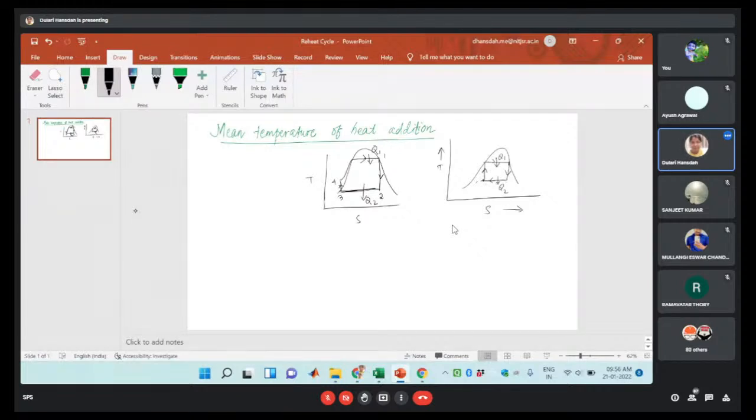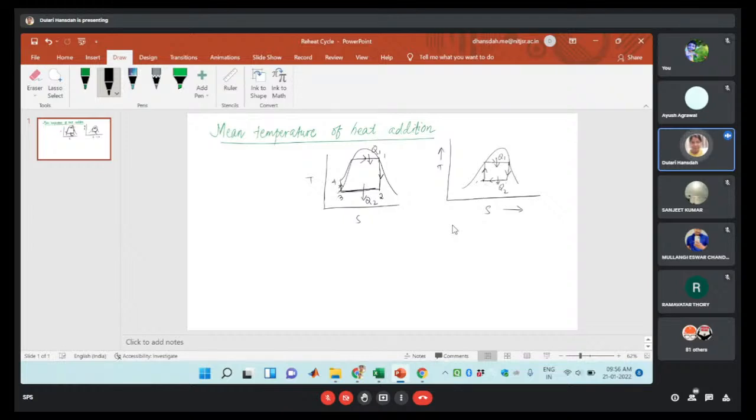Okay. So in case of the Rankine cycle, as I have told you, all the processes are reversible, and at constant pressure we are adding the heat. And in case of the Carnot cycle, all the processes are reversible, and heat addition is an isothermal process. So Q2, the heat rejection, is the same for both cases.